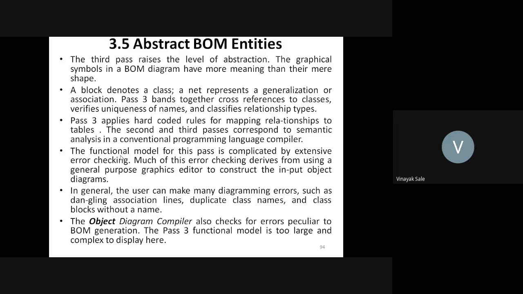In general, the user can make many diagramming errors such as dangling association lines, duplicate class names, and class blocks without names. The object diagram compiler also checks for errors peculiar to the bill of material generation. The pass-3 functional model is too large and complex to display here.